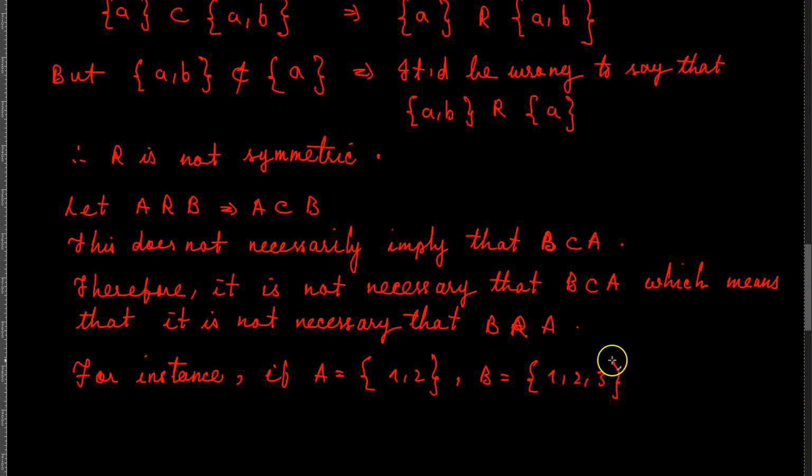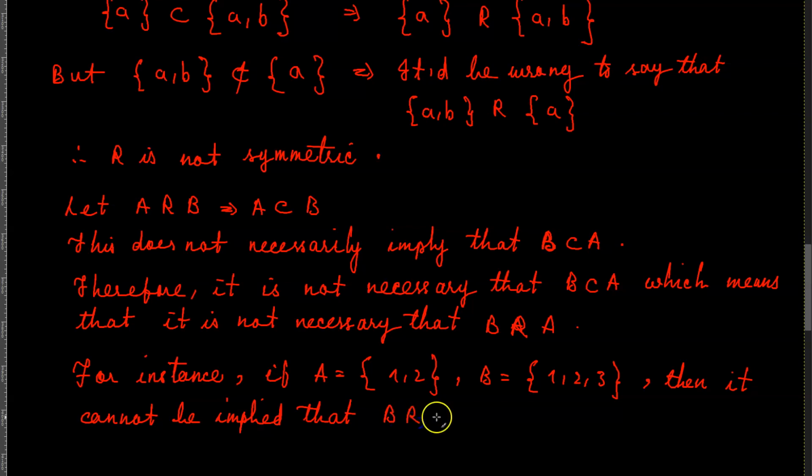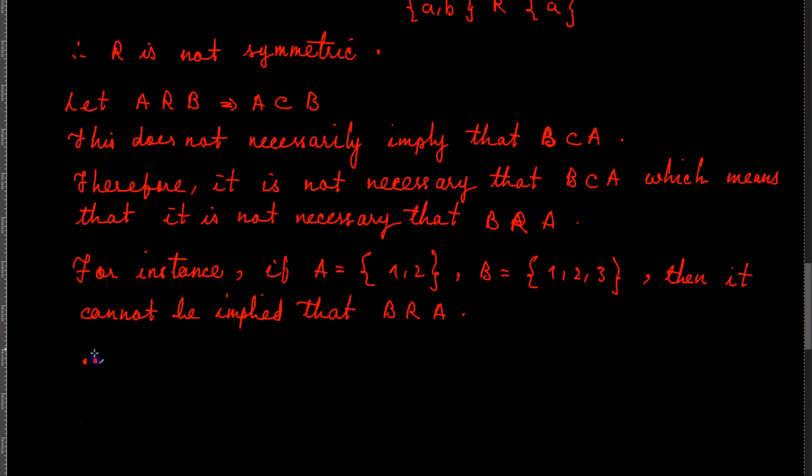Then it cannot be implied that B is related to A. And therefore R is not symmetric.